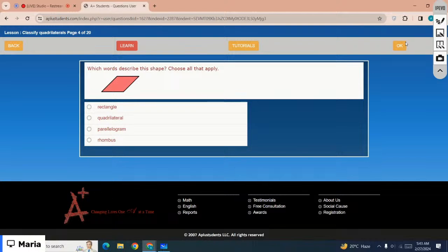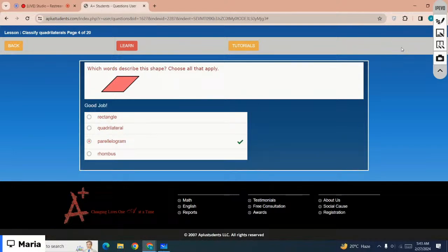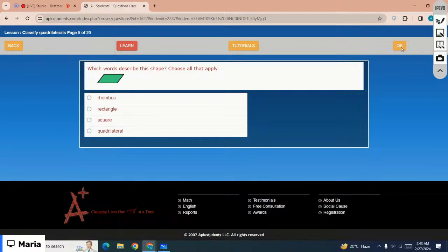The correct option is that is a parallelogram, because the opposite sides are parallel, so that is a parallelogram. Okay, you can complete the lesson by yourself later today.